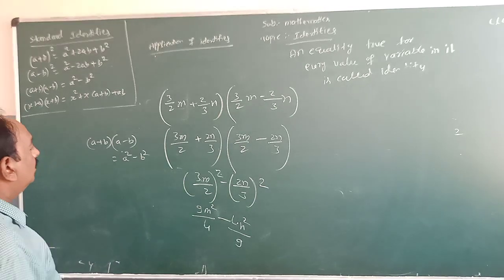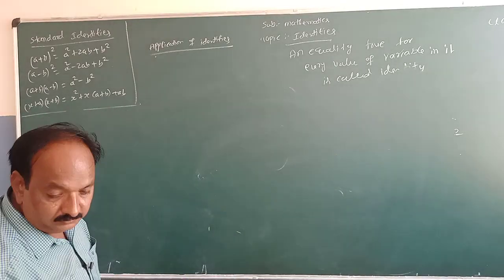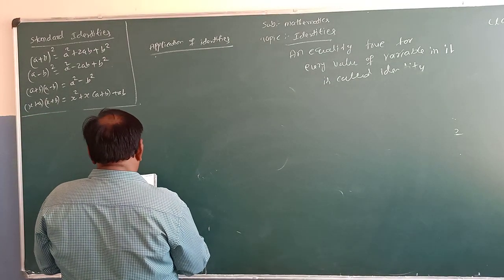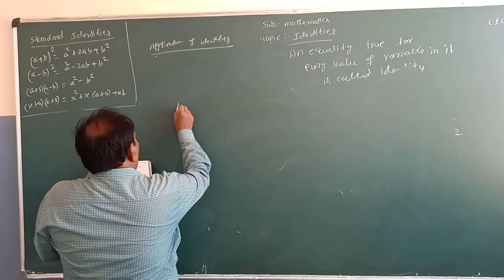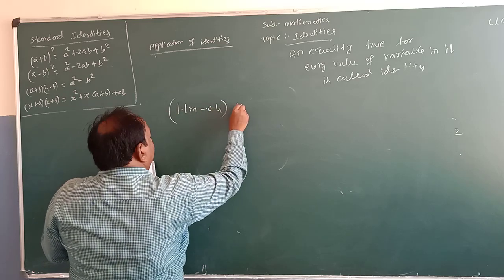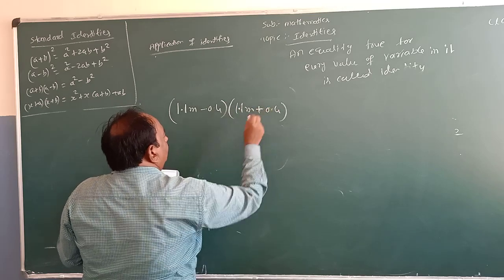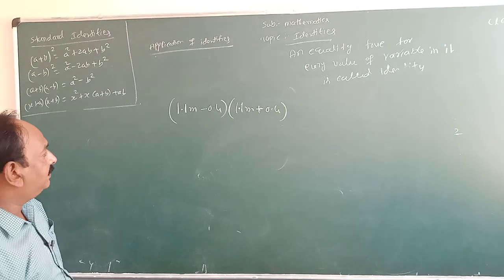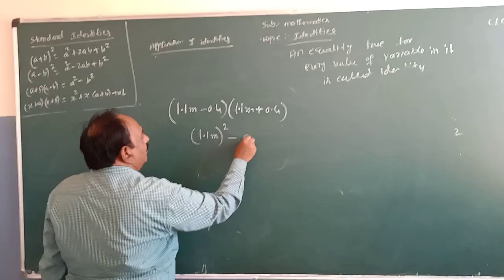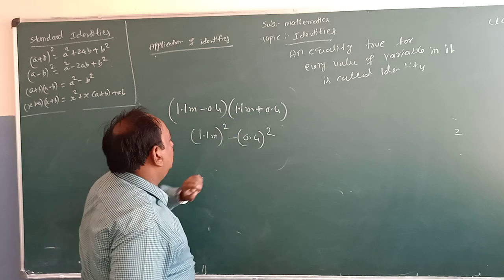Next we write one more. (1.1m − 0.4)(1.1m + 0.4). This is of the form (a − b)(a + b) = a² − b², so (1.1m)² − (0.4)².